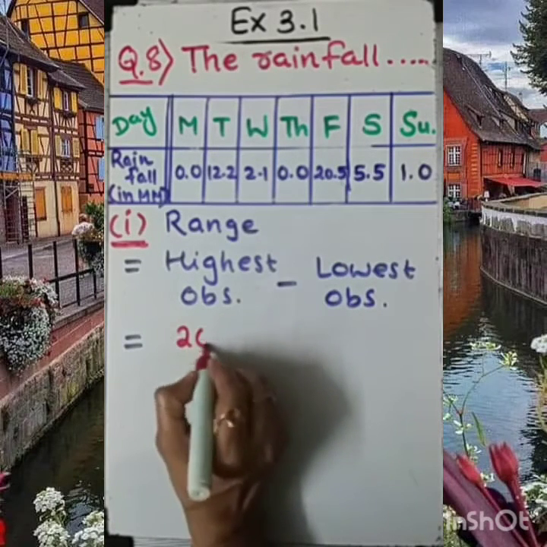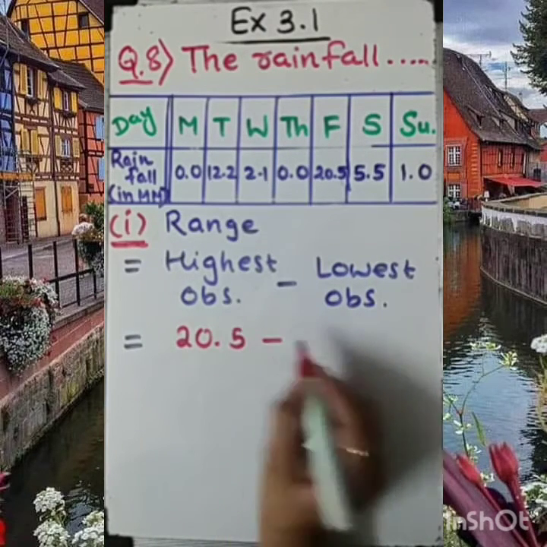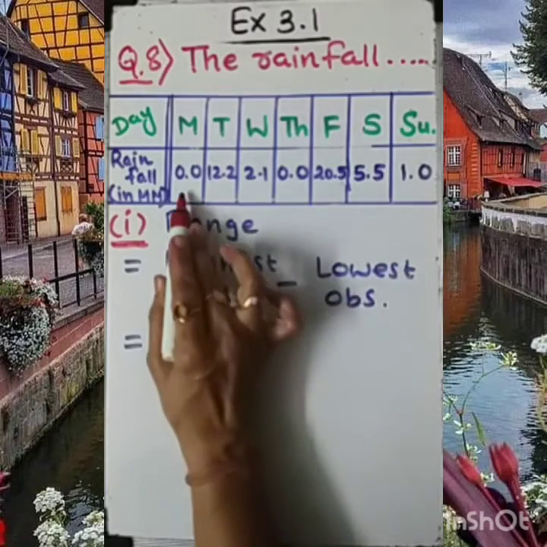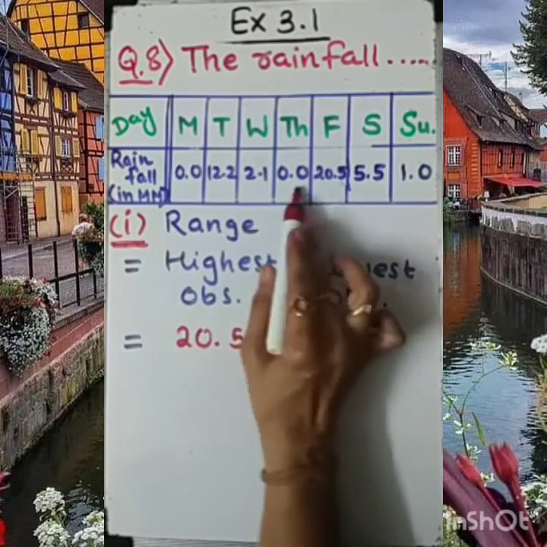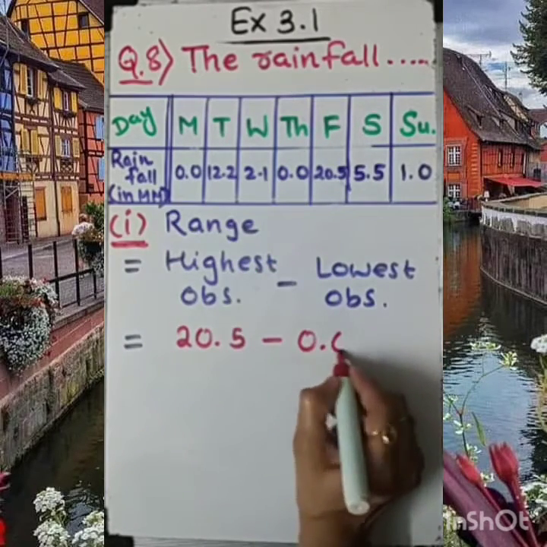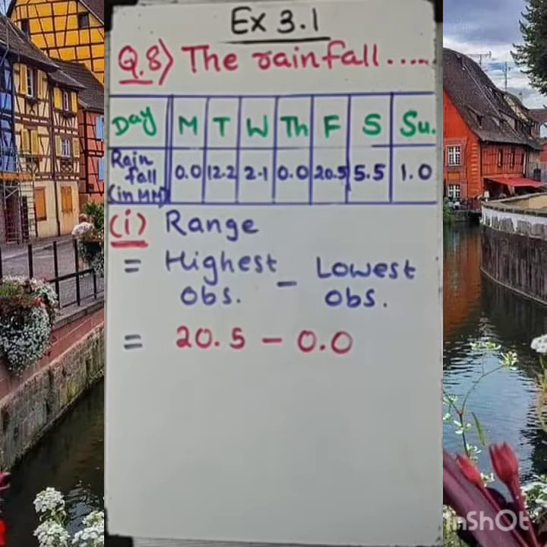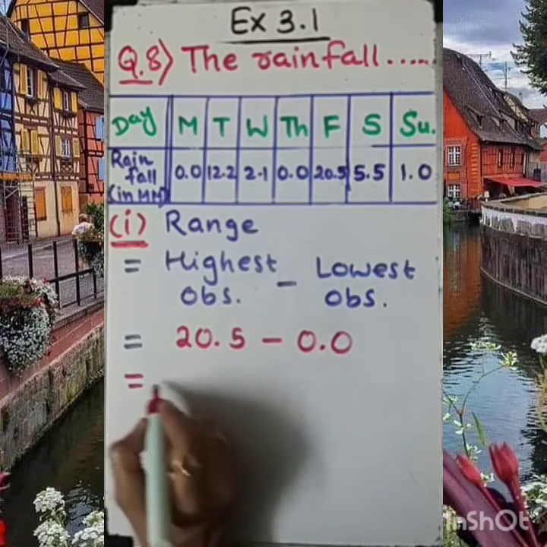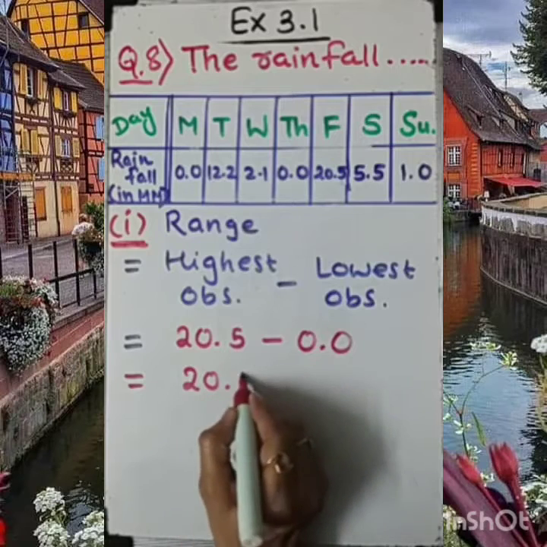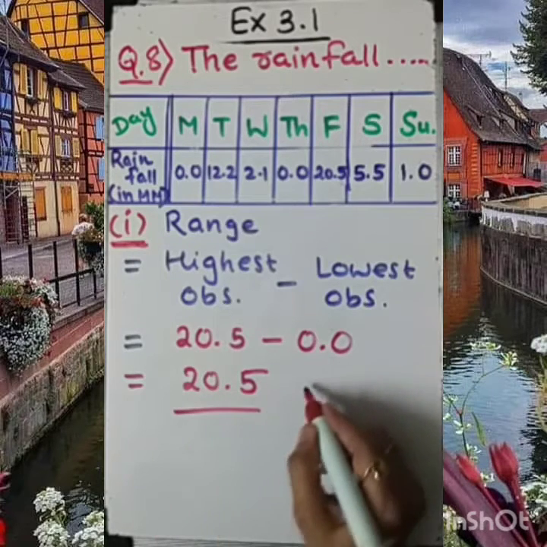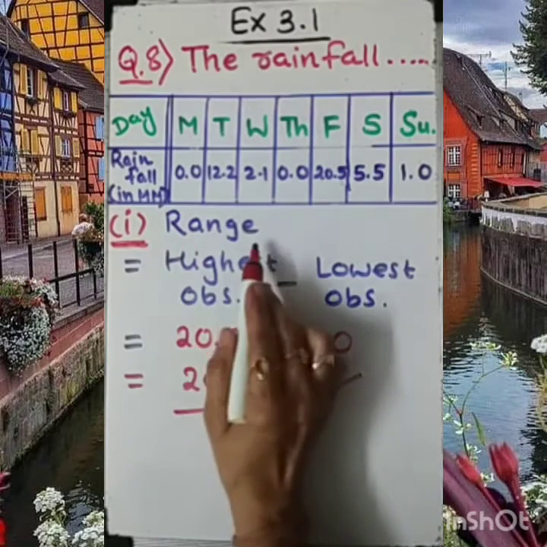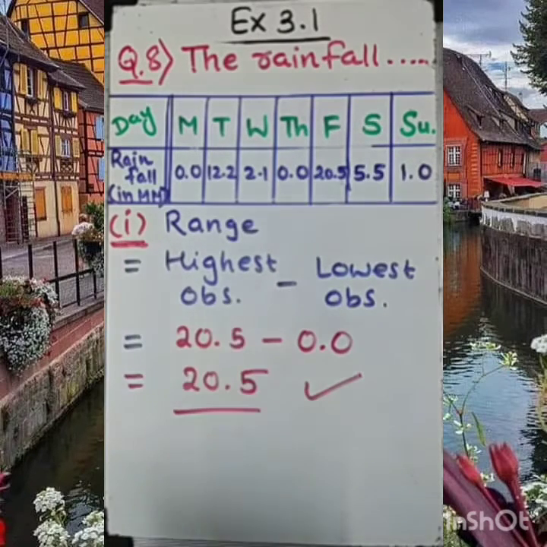So let me note down here 20.5 minus lowest. Lowest is 0.0, given 2 times. So let me subtract 0.0, which is the lowest observation. So the subtraction is coming 20.5 itself.